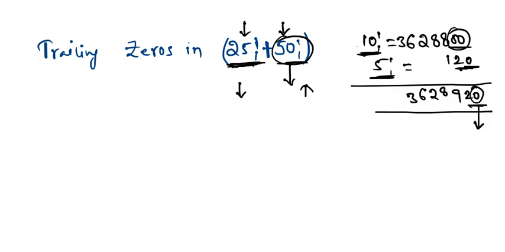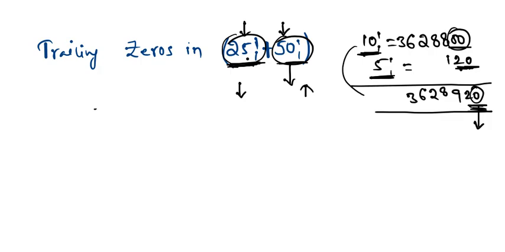If I add these two values, the number of zeros will be less. So we are getting only 1 zero, the same as in 5 factorial. The final answer is also 1 zero. So if he is asking the number of trailing zeros in the sum, we need to take only the lesser value.